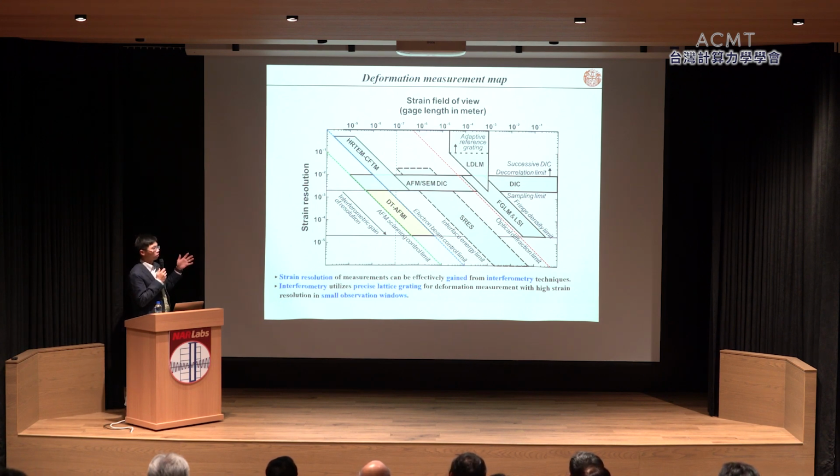Here the measurement is all about strain. So strain basically is the relative comparison about your reference length, right? So we need the latest grating. This is the classical way to think about how to develop some new measurement method. So classically, when we want to enhance the measurement accuracy, you need a very fine grating, so-called interferometry.